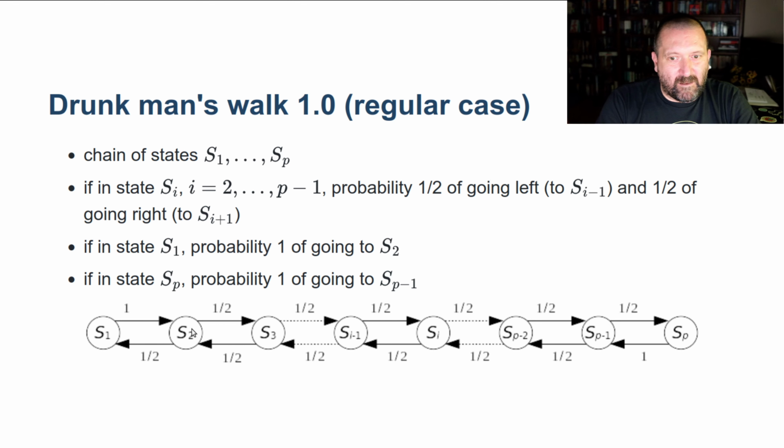So you can see what's happening here. For example, if I'm here, I will go left with probability 1/2 or right with probability 1/2. When I'm at the end points, I have a probability 1 of returning.